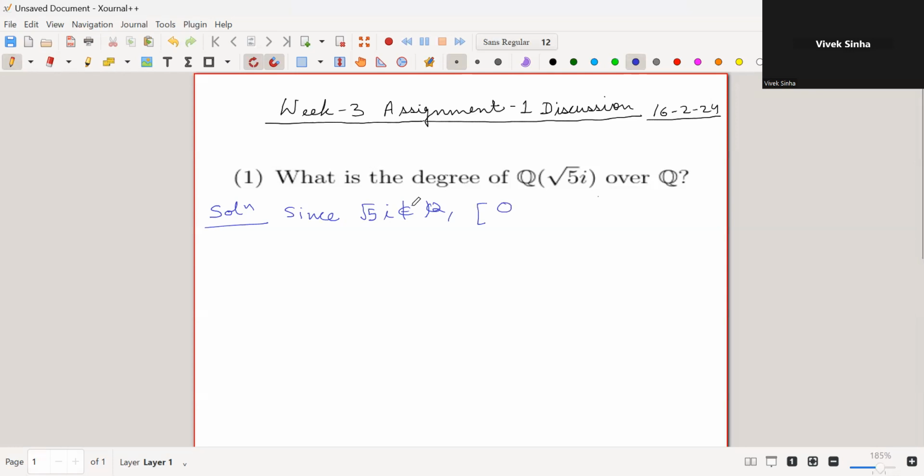The degree of Q(root 5 eta) over Q must be greater than or equal to 2.